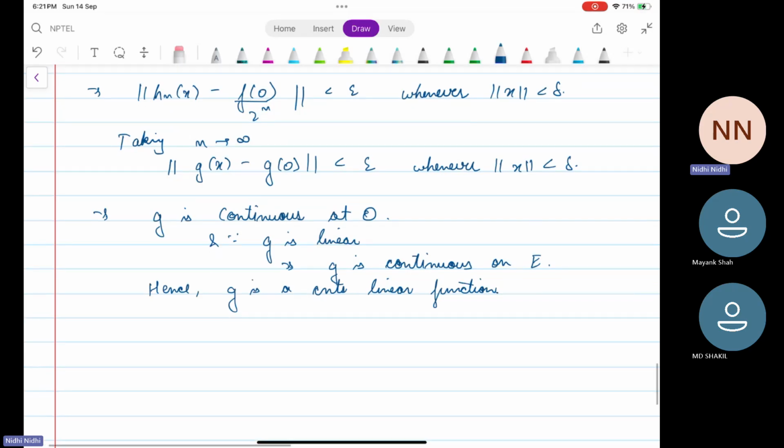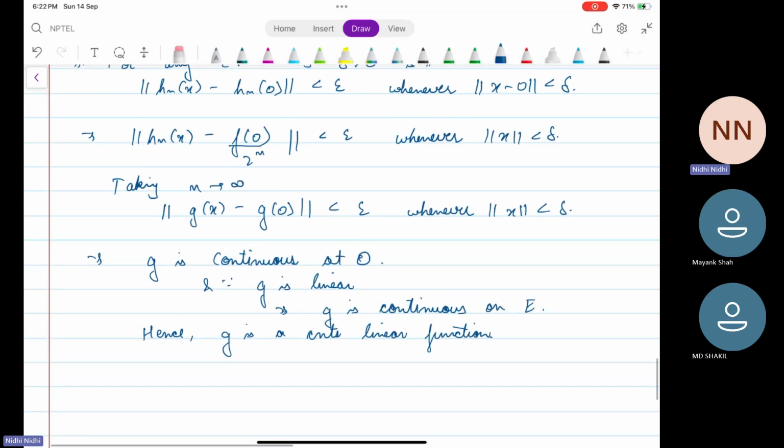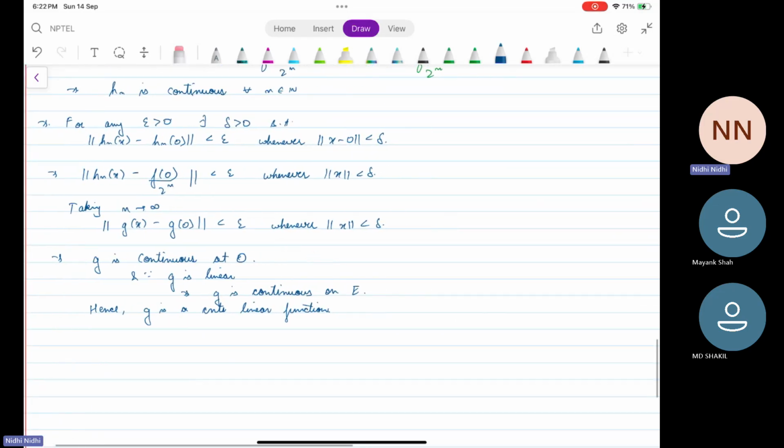Then we need to show that g lies in some... how linearity of a function guarantees that it is continuous. I think this was a result, some equivalent conditions for bounded linear functions. You must have done some characterizations. So if a function f is linear, then the following are equivalent conditions.